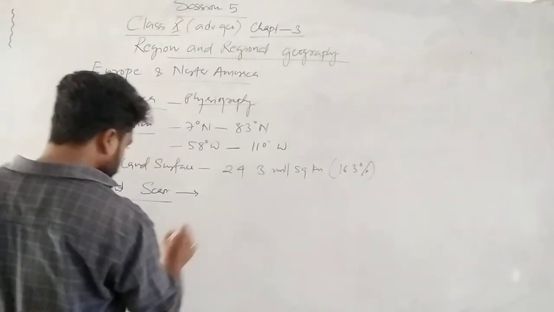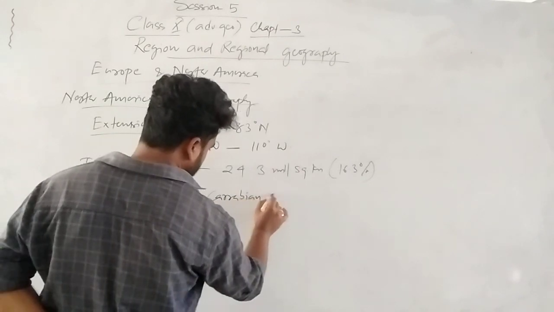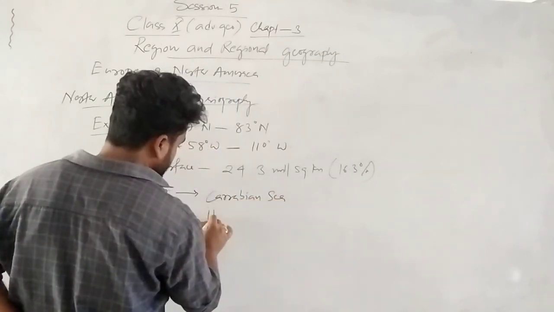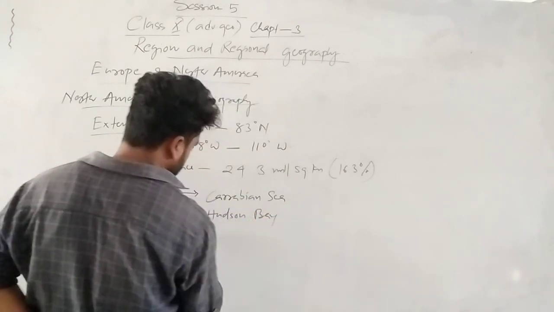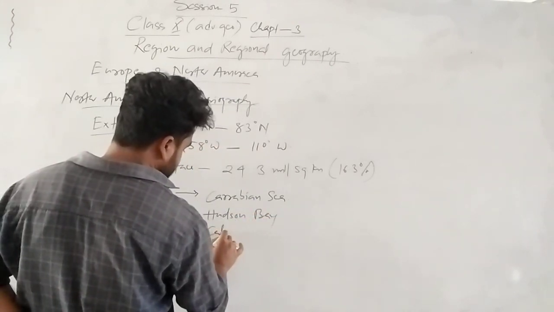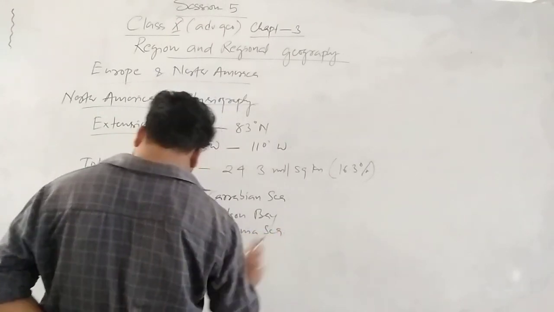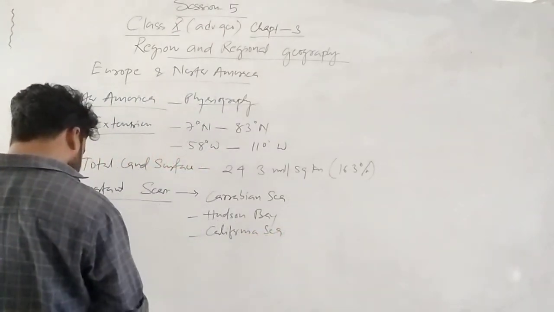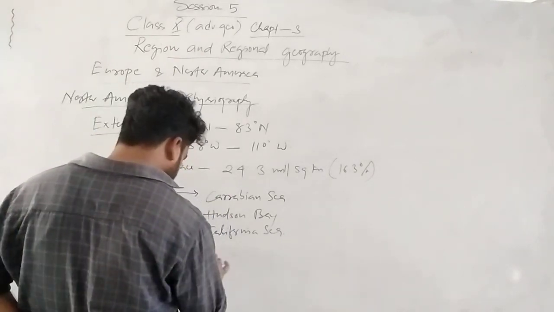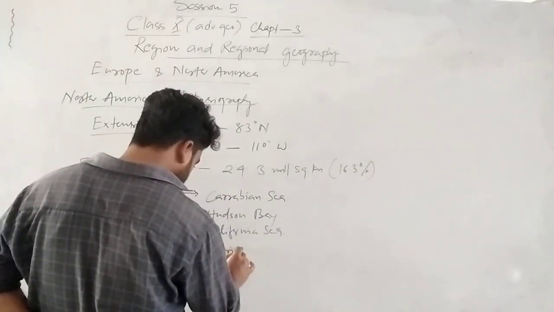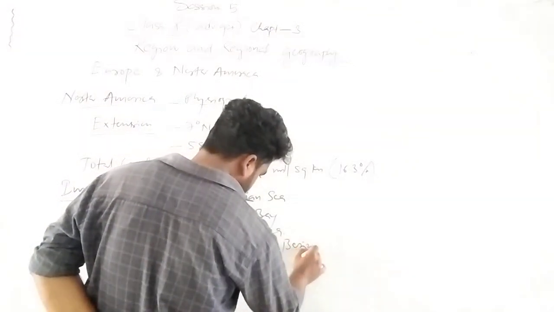Okay, most important is the Caribbean Sea, Hudson Bay, the California Sea, and the Bering Sea is there, where the Bering Strait is also there.